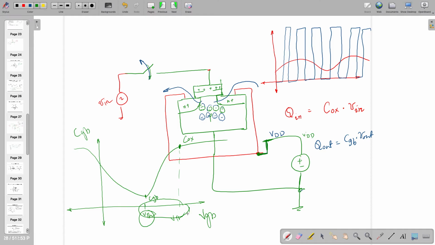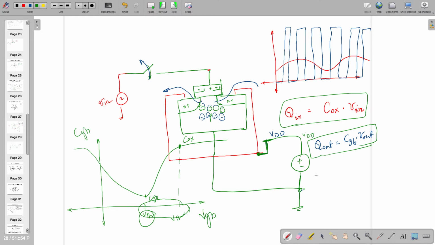And if this is happening where Cox is much higher than CGB, means if these two are the equations which are going to govern your circuit, input charge is equal to Cox times V in, output charge is equal to CGB times V out. As we know that charge cannot be destroyed or created, whatever we have has to be equal.